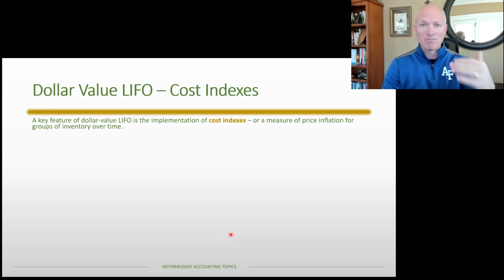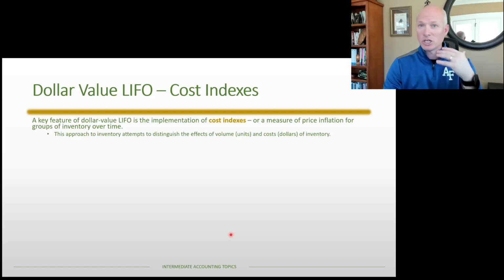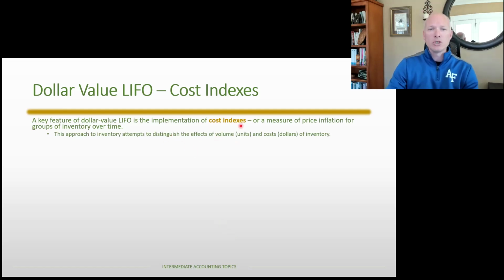But again, developing a cost index is critical here. What we're trying to do when we use these cost indexes, we're not tracking individual units and we're not tracking individual unit costs, but we do want to understand when we see changes in our inventory, are those changes attributable to volume or are they attributable to costs?